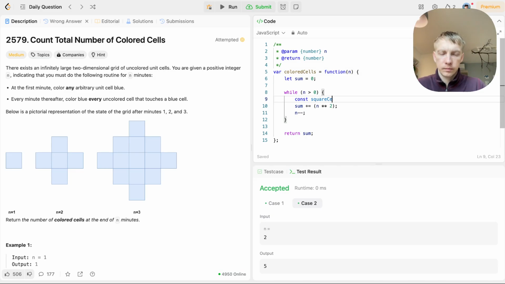Square cells is equal to, we should take n, multiply it by 2 to, for example, calculate the number of cells in the top and the bottom, plus n minus 1 and multiply it by 2 as well. In the case of 3, it would work.